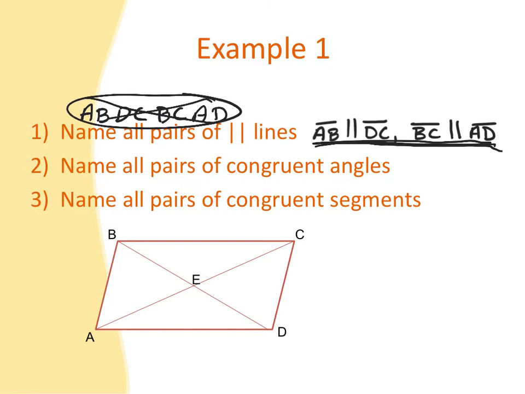So let's name all of the congruent angles now. Angle B is congruent to angle D. Let me just mark those just so we can see it. I'm going to mark everything that we just did here.